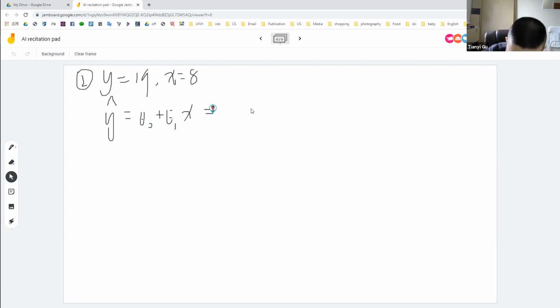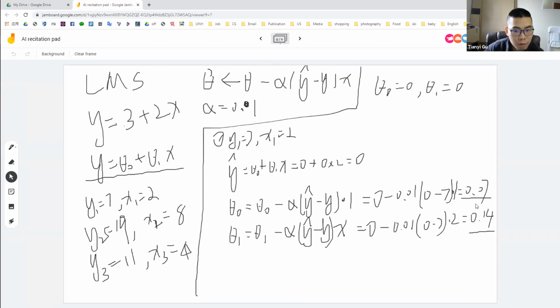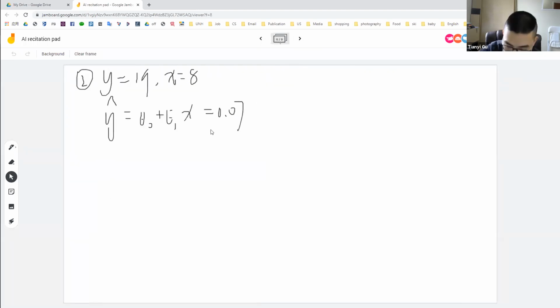Notice that the previous update changed theta 0 to 0.07. So theta 0 is 0.07, plus theta 1 is 0.14 times the x, which is 8.